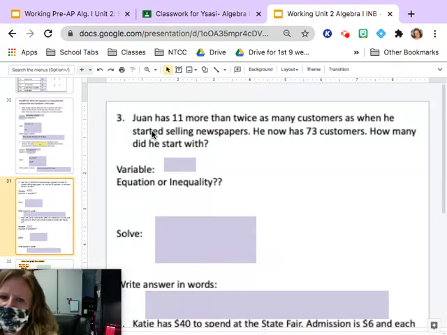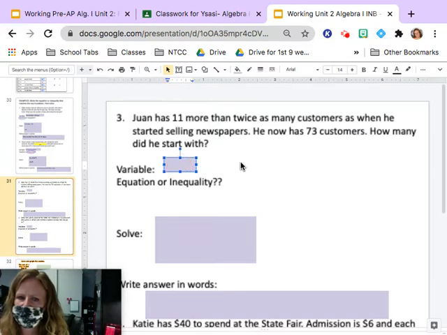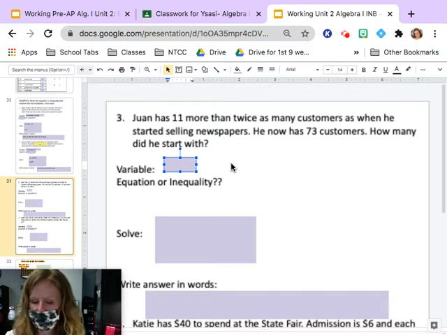Juan has 11 more than twice as many customers as he started selling newspapers. So let's look at what would be our variable. C. What does that stand for? Number of customers.